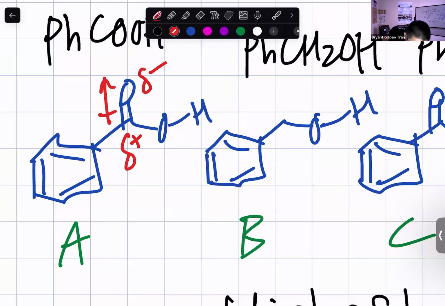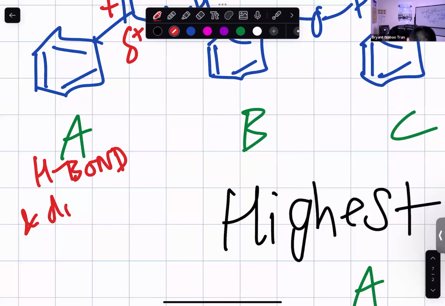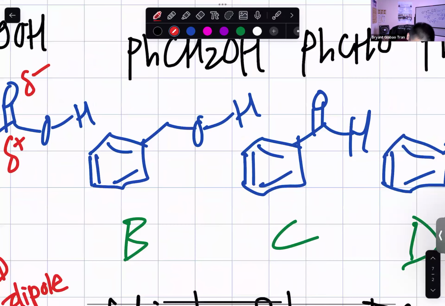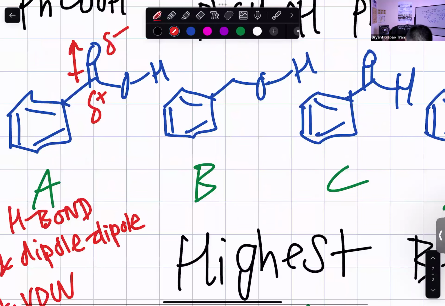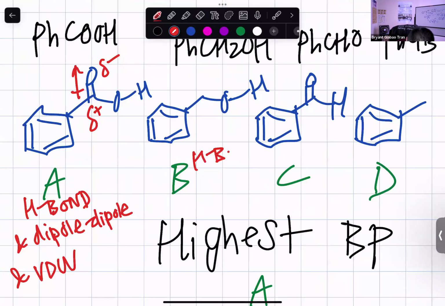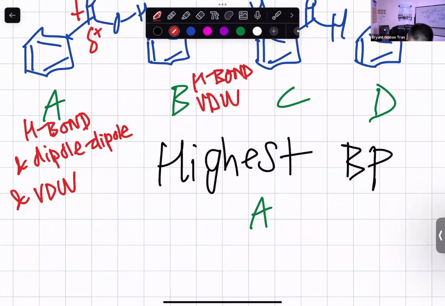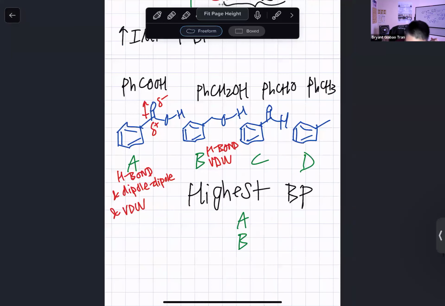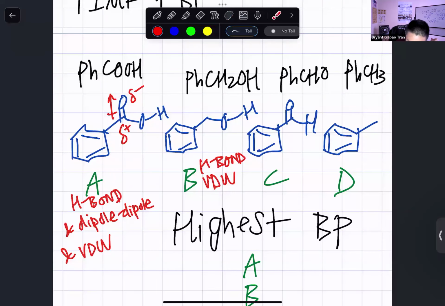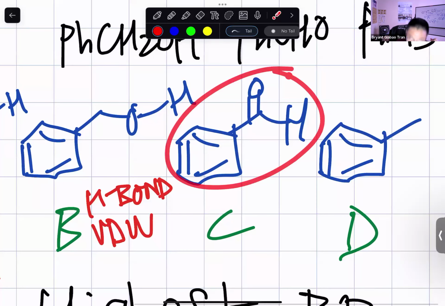So A has H bond and dipole-dipole, whereas B only has, oh, and everything will have van der Waals, let's say VDW. B has H bond and van der Waals. Okay. So B would be next. And then what intermolecular forces would C have?